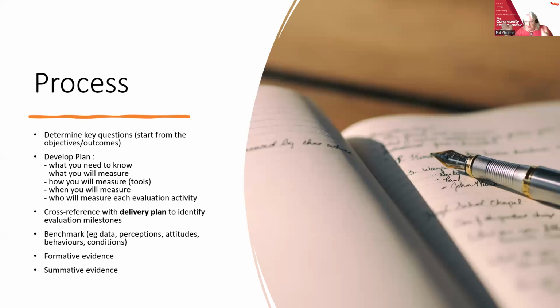So if you've planned out this program, or you have an overarching plan with timelines, then build into those timelines opportunities to gather information. That is the key. It's this template about what you need to know, what you'll measure, how you'll measure, and where, and that's when you get to the when, and the when maps to your delivery.